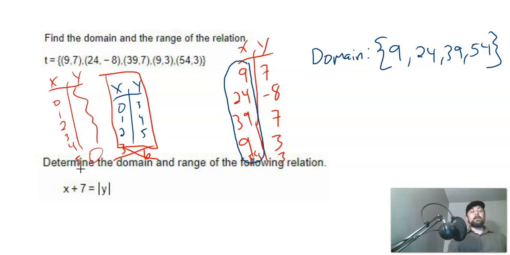But what if I told you that X is representing the ratings of different restaurants, and that the highest rating you could get is a 4, or the ratings of different movies. So you could give a movie 1 star, 2 stars, 3 stars, or 4 stars, or you could give a movie 0 stars, but 5 isn't an option. So in that case, even if there is a pattern here, X could not equal 5.